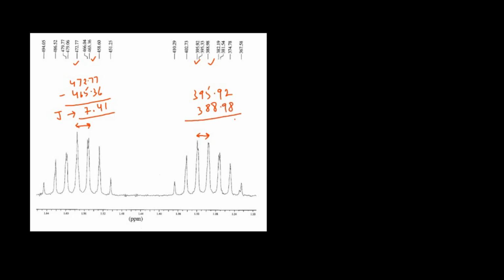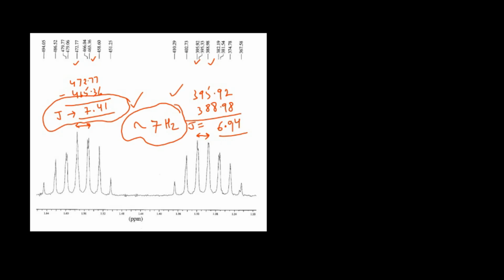So this will give you 4, and then 18 minus 9 is 9. The higher the value of the coupling constant, the first it will couple with the other hydrogen, right? Since both the values are very close, approximately 7 hertz, the coupling constant for both of them is 7 hertz, but not exactly 7 hertz.